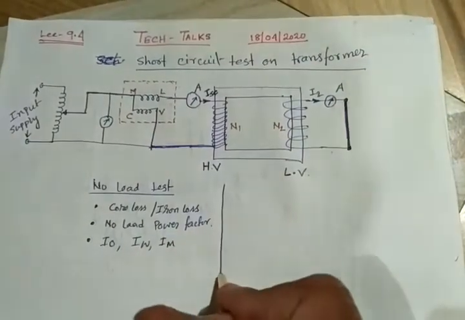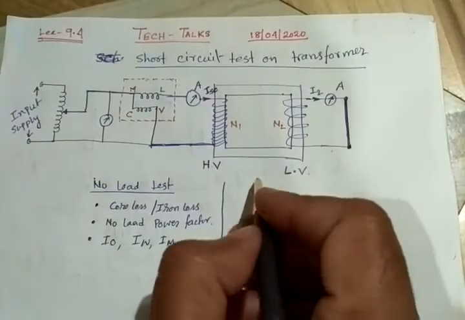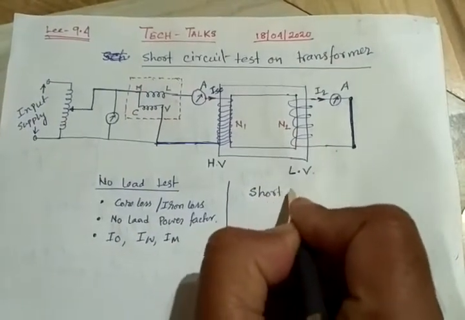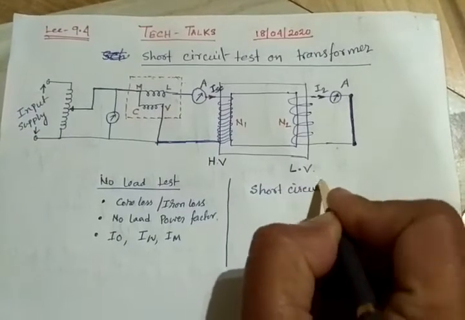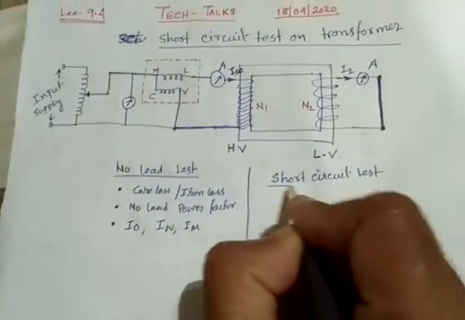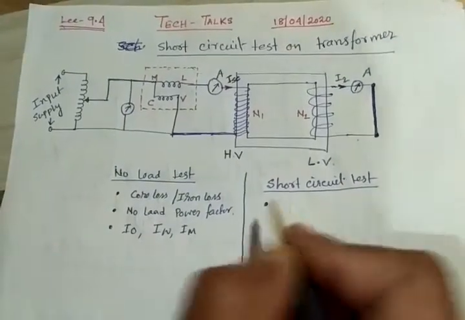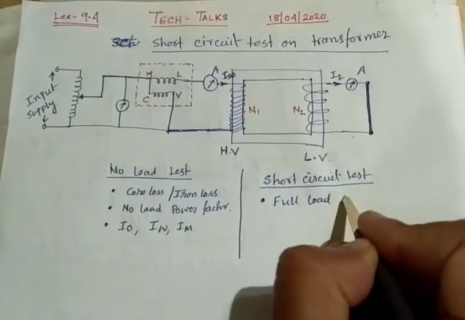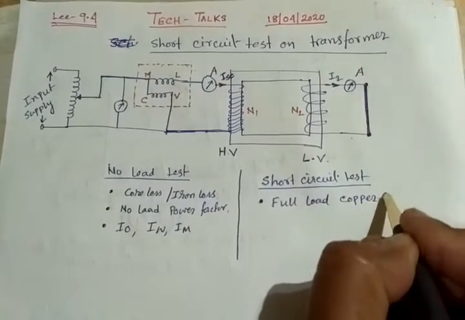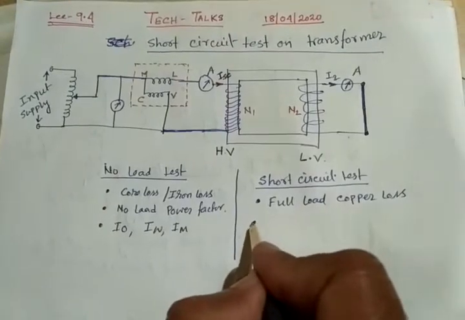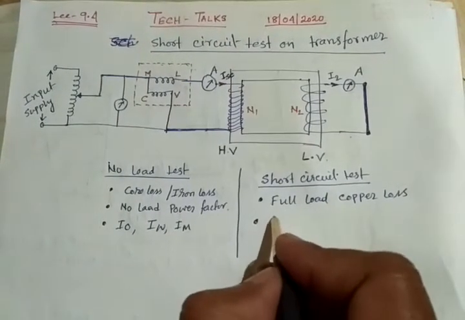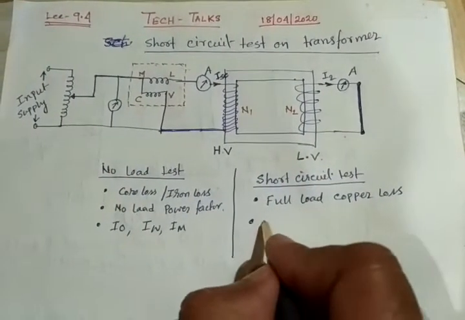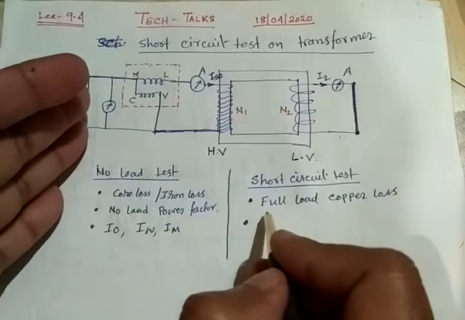Now let's see what other remaining parameters we can find out from this short circuit test. So, short circuit test: basically what we can find out is the full load copper loss, and other transformer parameters referred to the high voltage side, or in other words the side on which we are performing the experiment.